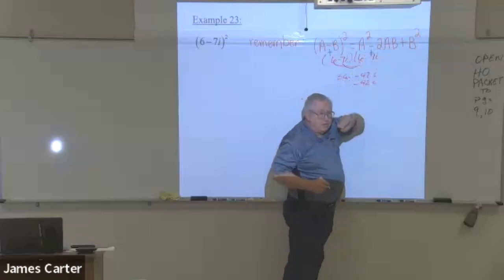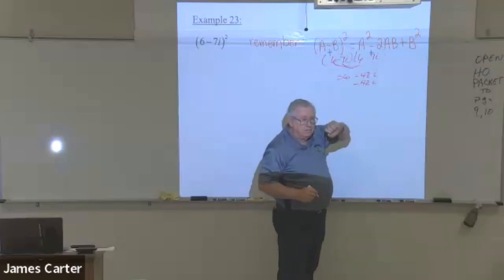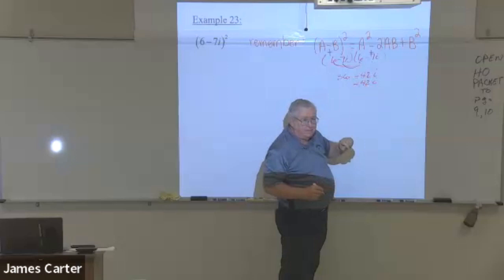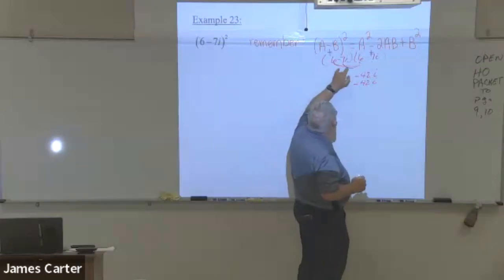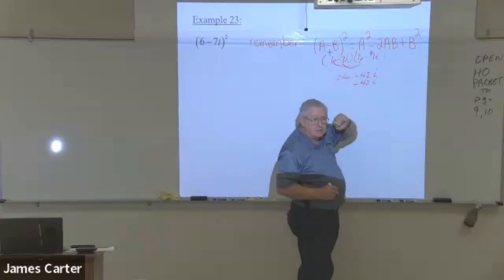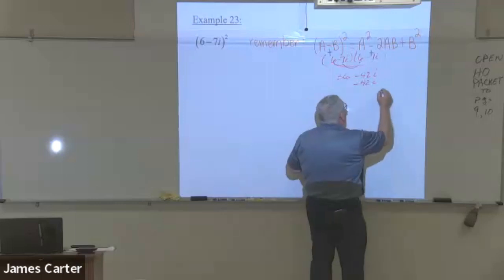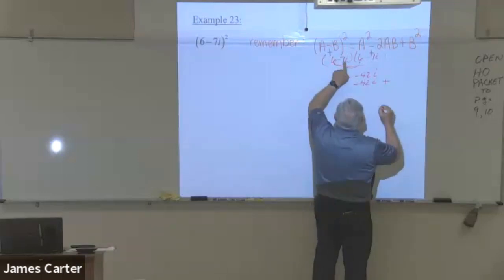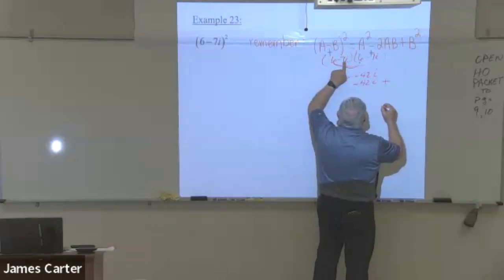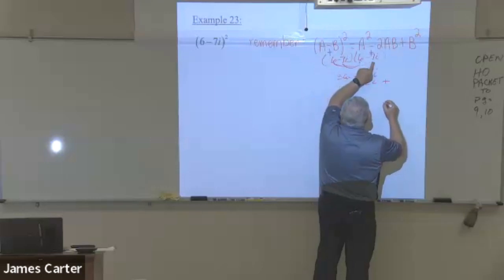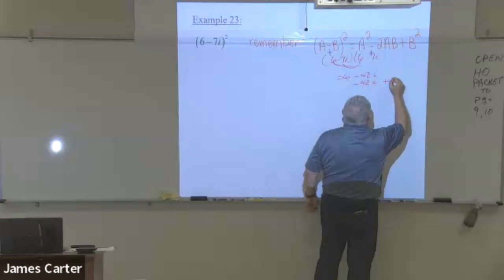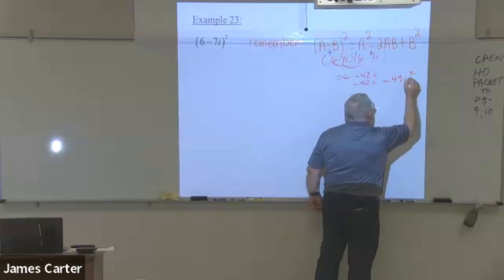That's where the 2 came from, because there are 2 of them, 2 of those 6 times 7i's. Plus negative 7i times negative 7i is positive 49i squared.